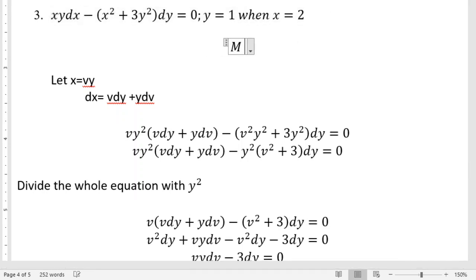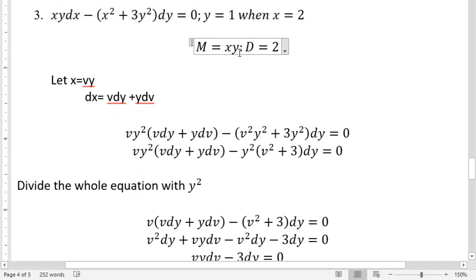Ang M natin is equal to xy, with a degree of 2, kasi the exponent of x is 1 plus the exponent of y is also 1. So, 1 plus 1 is equal to 2. Now, makukuha na, so that will be for M.